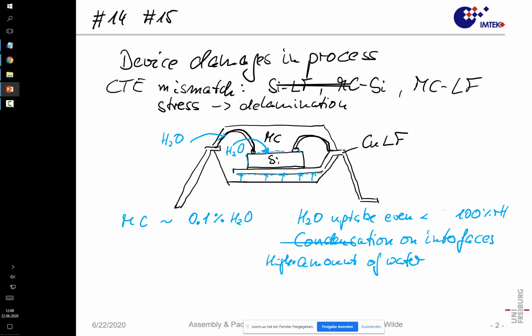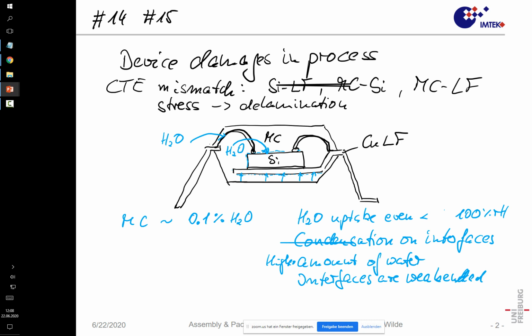And also the interfaces are weakened by this. Weakened.